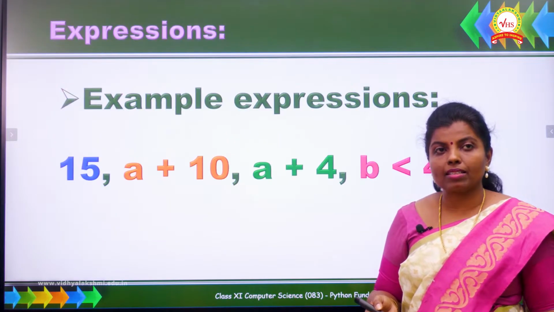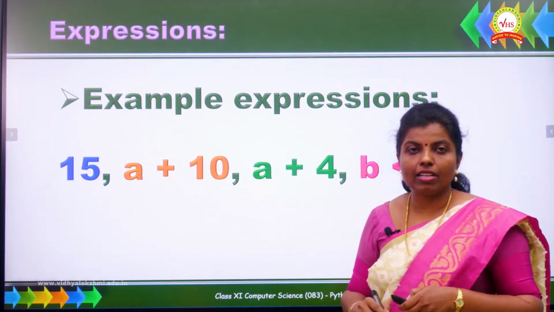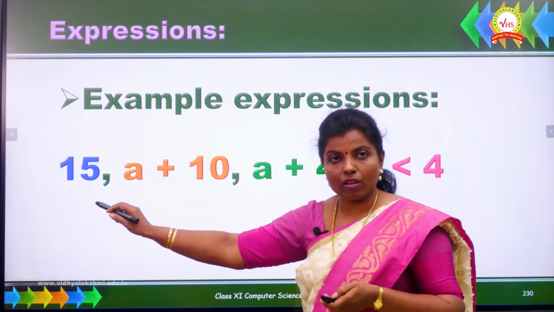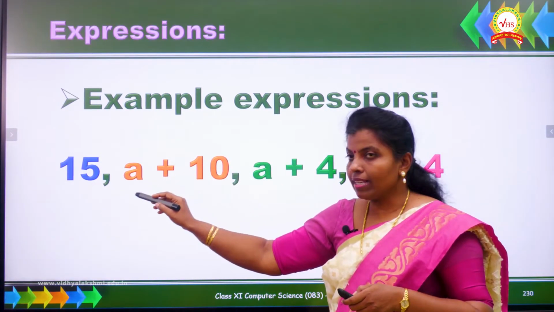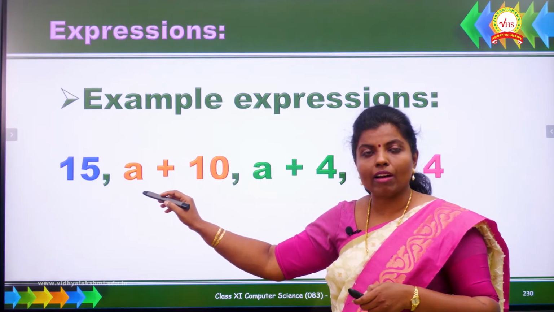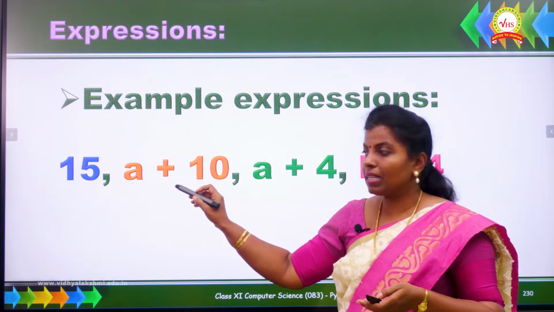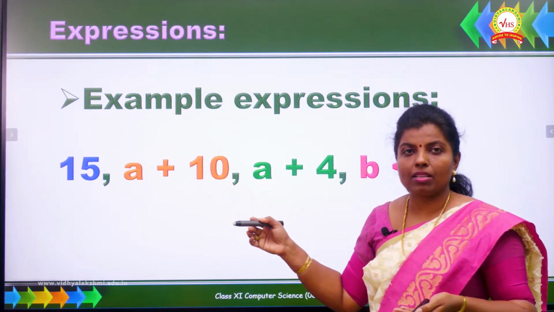So let us see some examples of expressions. You can see here 1 and 5 is given. It is a legal combination of some symbols, right? So this becomes one of the expressions, and you can see here a plus 10. So a is a variable. It may hold a value, maybe an integer value or floating point value, maybe a number. Plus is another symbol, and even 1 and 0 are some other symbols.